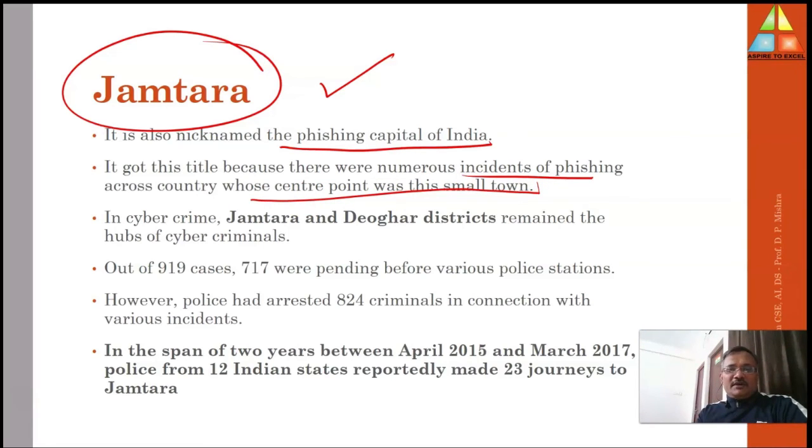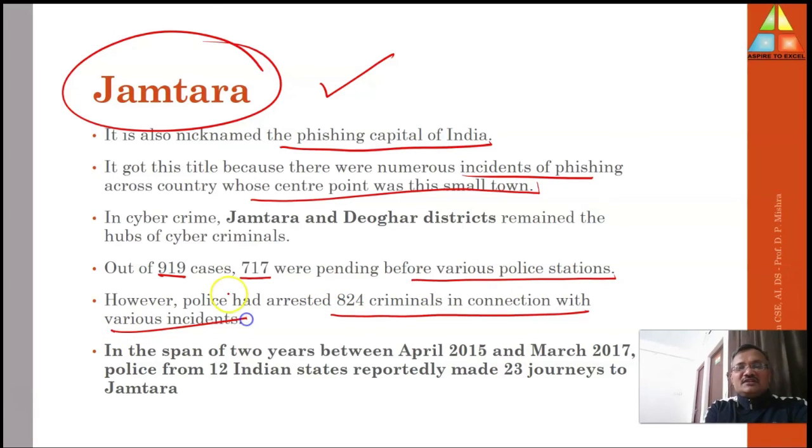In cybercrime, Jamtara and Deoghar districts remained the hubs of cyber criminals. Out of 919 cases, 770 were pending before various police stations. However, police have arrested 824 criminals in connection with the various incidences.